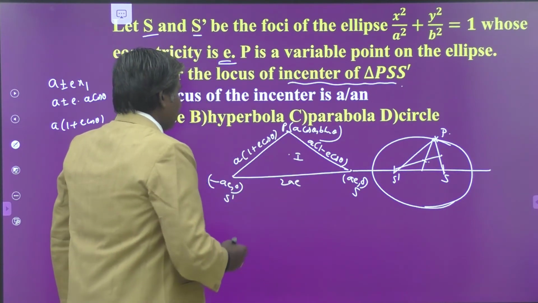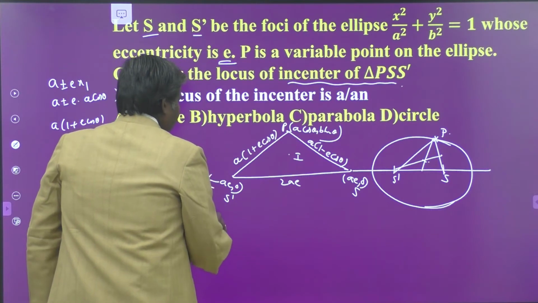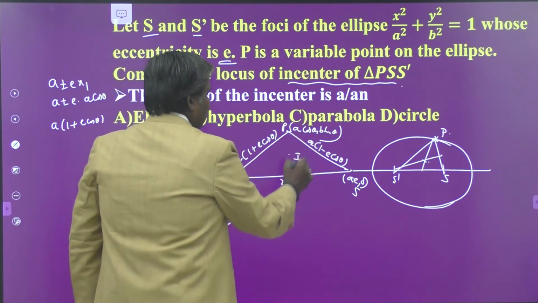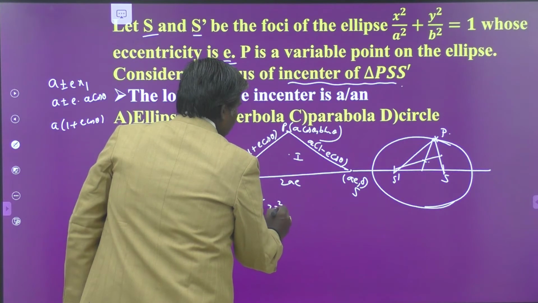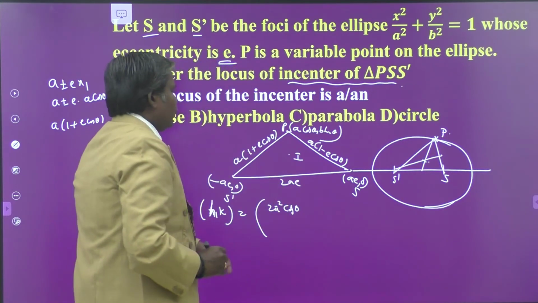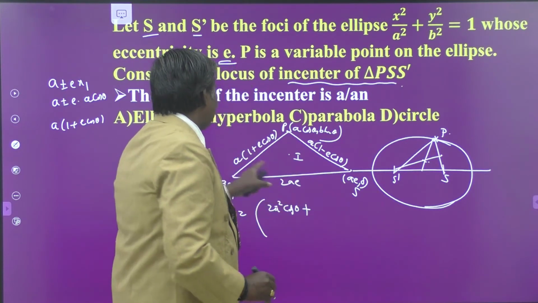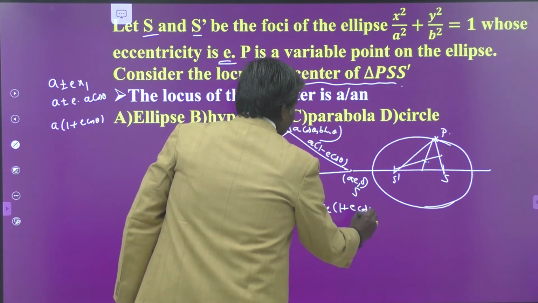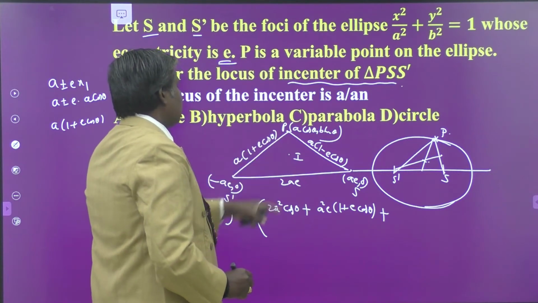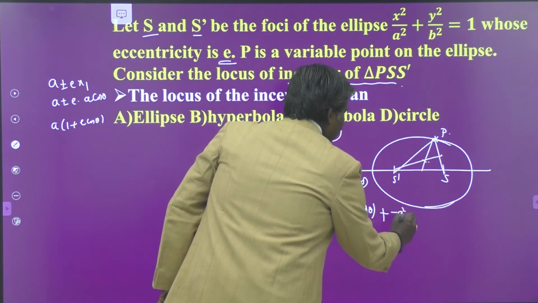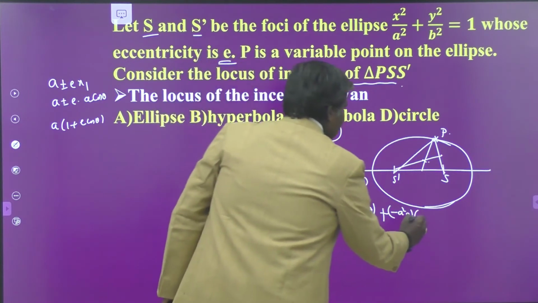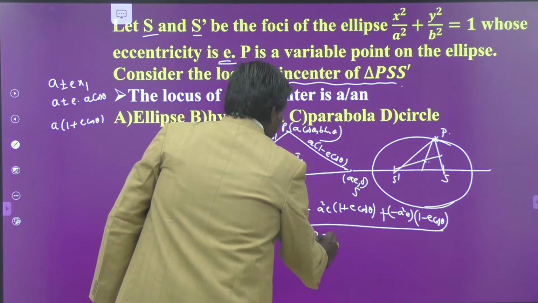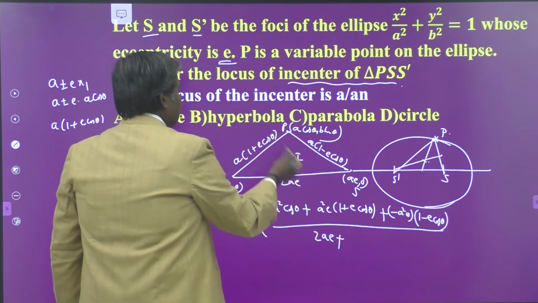Using the above formula, we can write the incenter, say your point is some h comma k, a point on the locus. h comma k is equal to a cos theta into 2ae, that is 2a square e cos theta, plus ae into a into (1 plus e cos theta), that is a square e into (1 plus e cos theta), minus a square e into (1 minus e cos theta), by the sum of the sides: 2ae plus a plus a, these two get cancelled, 2a.